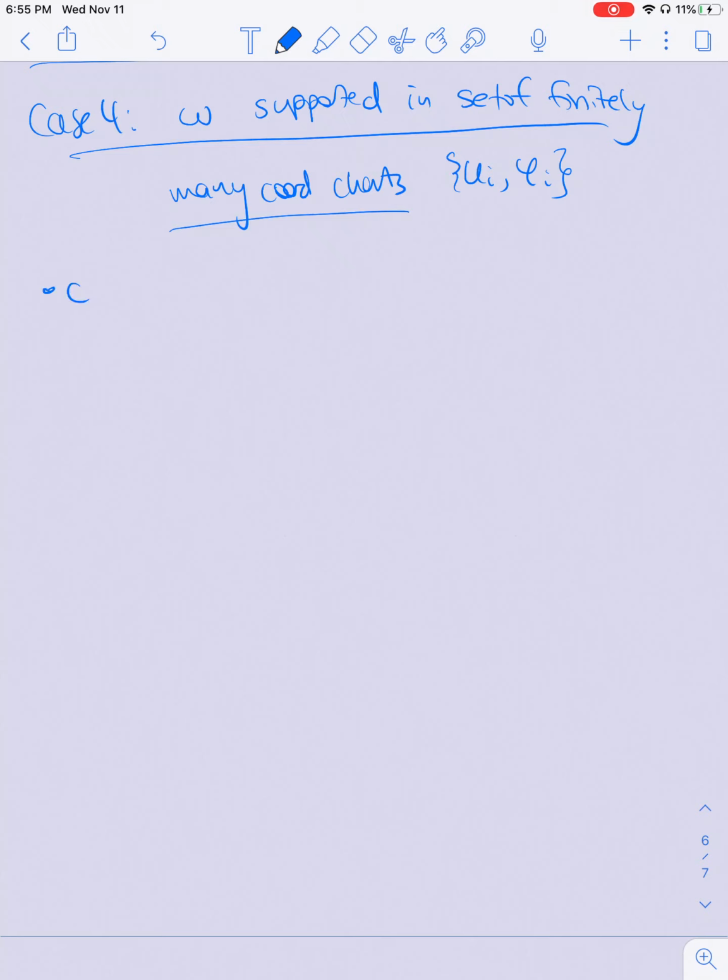So let's choose a partition of unity, subordinate to the cover by the U_i's.